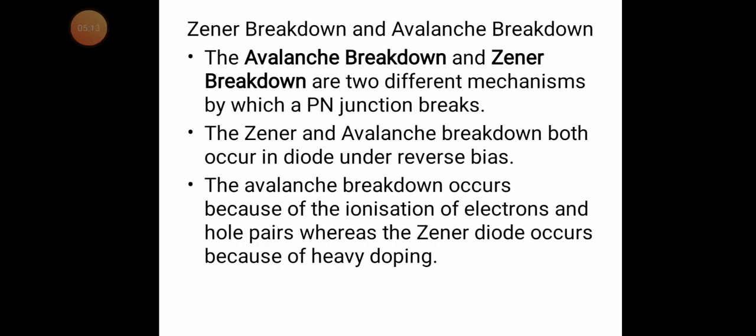The avalanche breakdown occurs because of the ionization of electron and hole pairs, whereas the Zener breakdown occurs because of heavy doping. Try to remember this point.